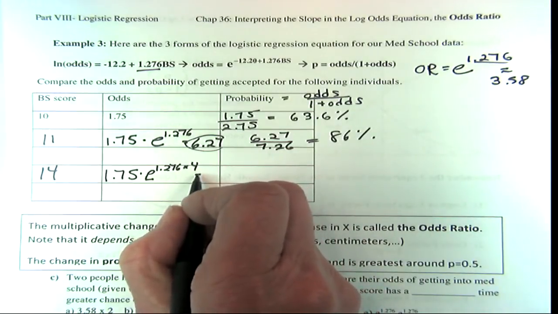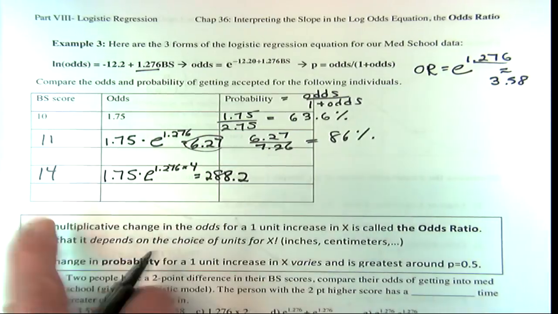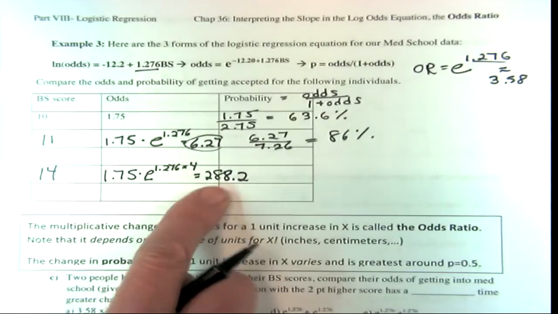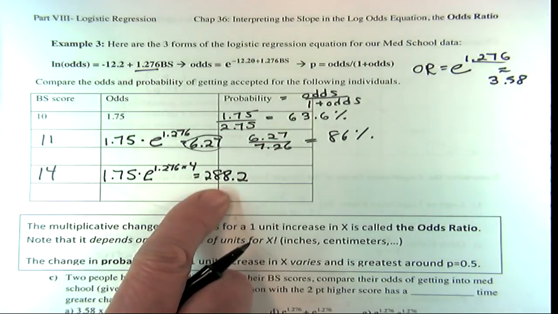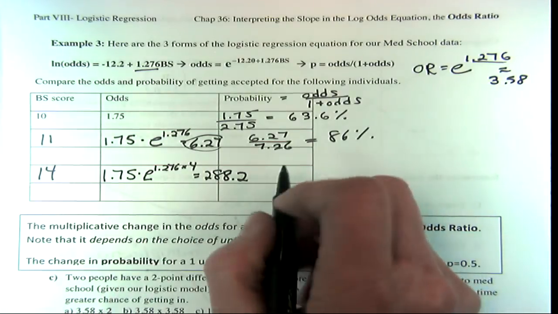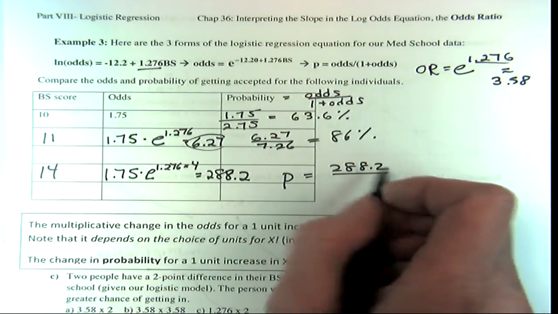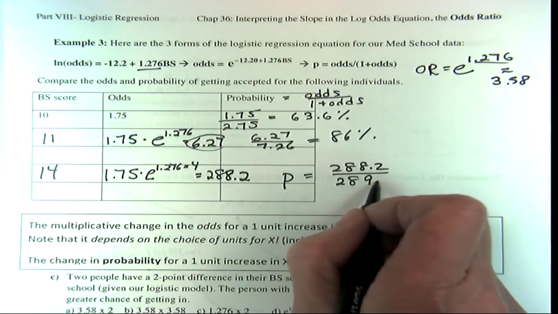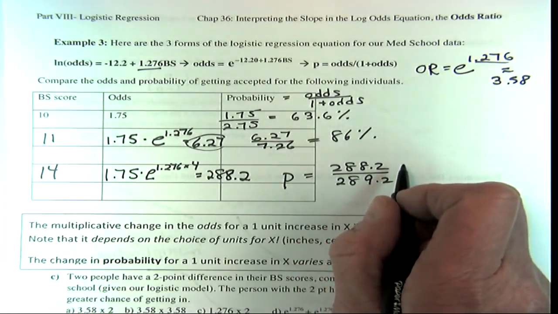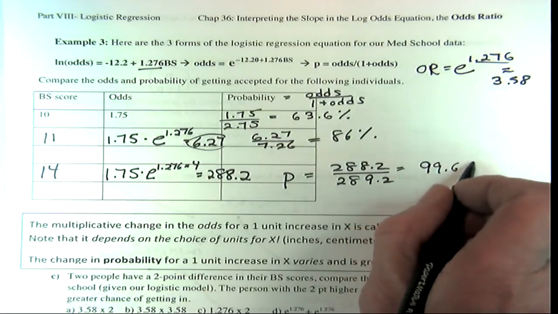And so then that is equal to 288.2. So if this is your odds of getting into med school, what would be the probability then? It would be 288.2 over what? 289.2. Okay? Which is 99.65% about.